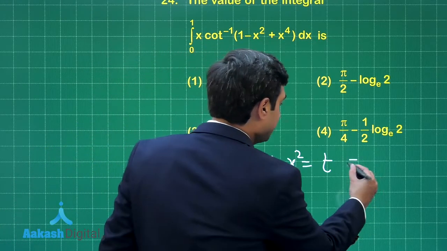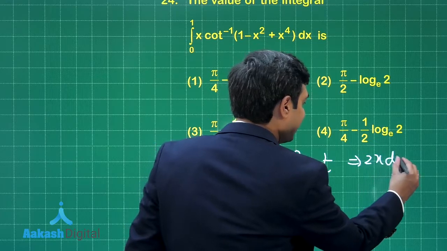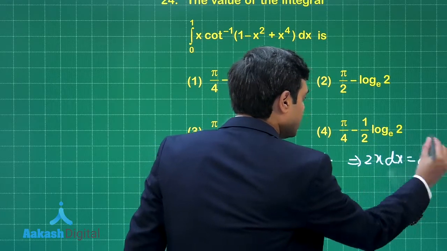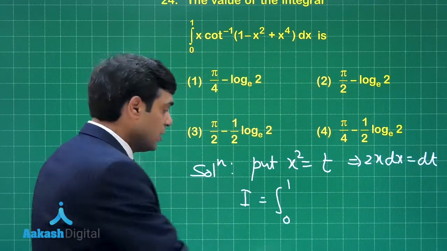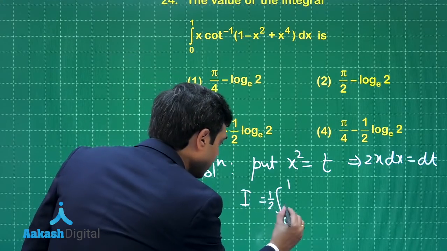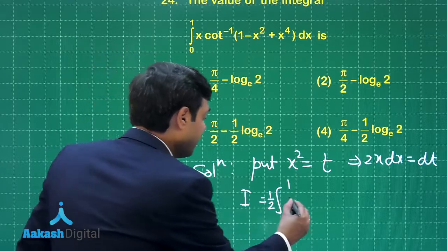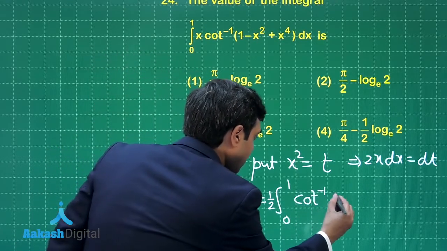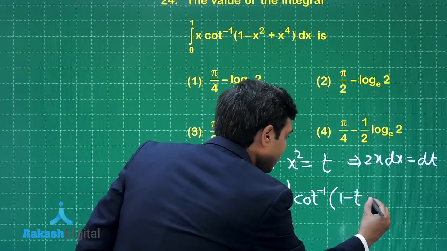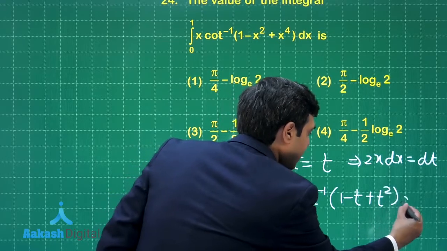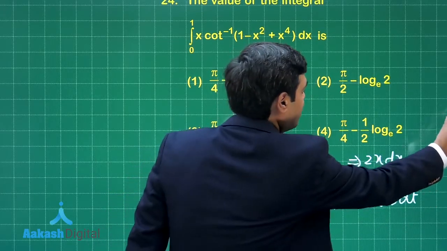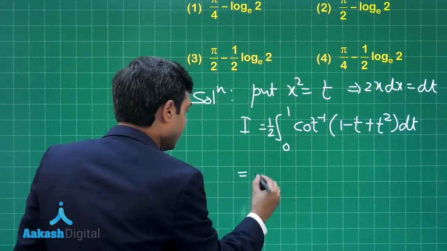Here on differentiating it, you have 2x dx is equal to dt. So x dx is dt by 2. So let's write here half. Now x dx becomes dt, cot inverse of 1 minus t plus t square dt, right? Change it to tan inverse now.